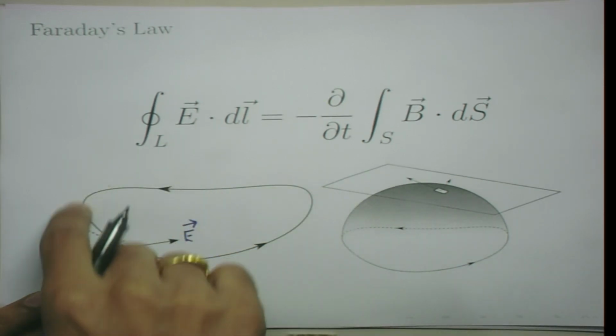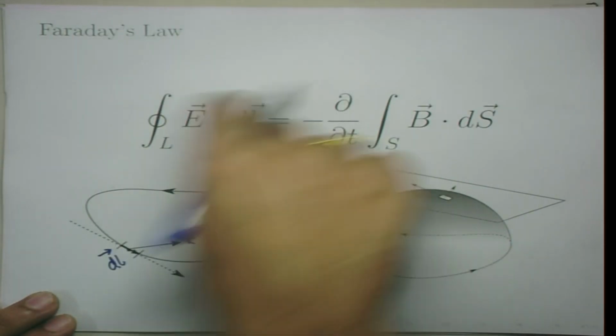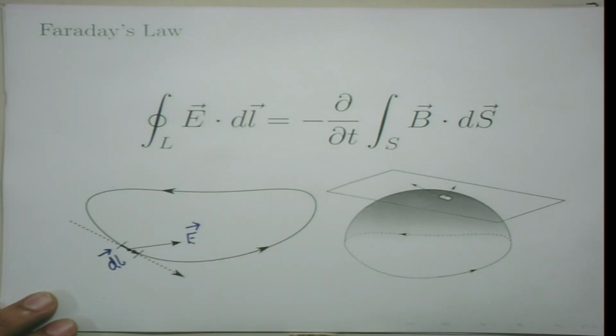That is what you will evaluate on the left hand side, and what Faraday observed was that this is equal to the total magnetic flux through a surface which is bounded by this closed curve.